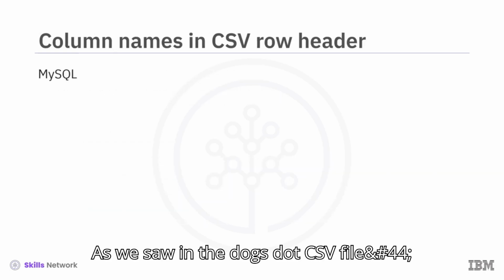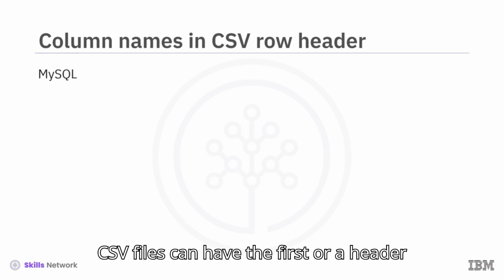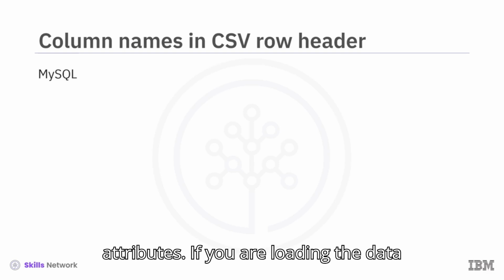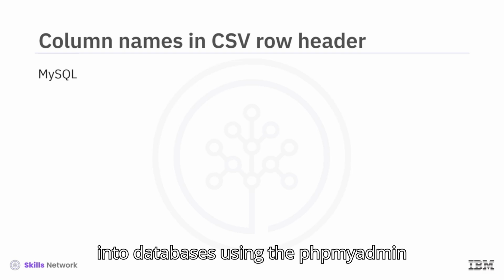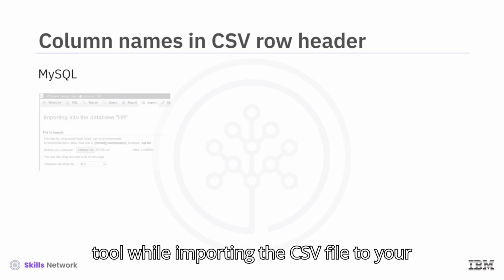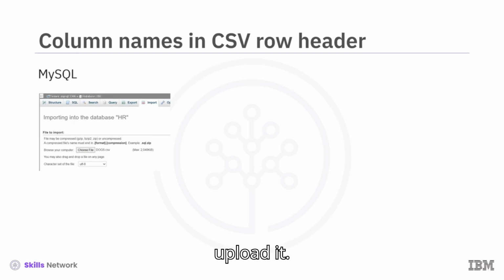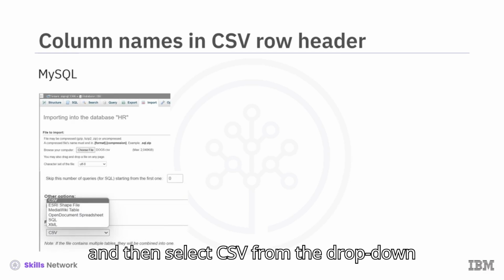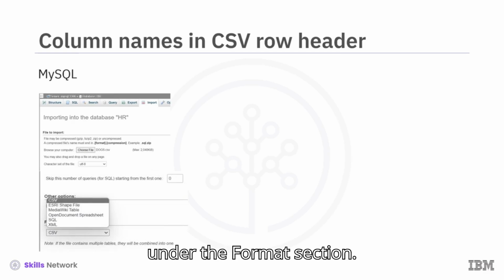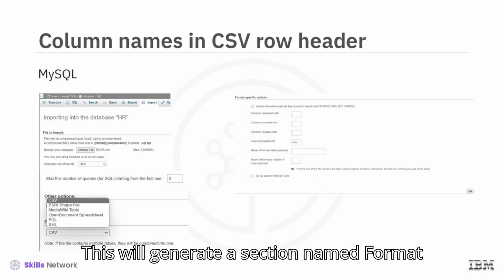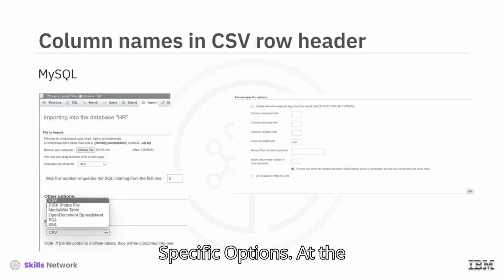As we saw in the dogs.csv file, CSV files can have a first or header row that contains the names of the attributes. If you are loading the data into databases using the phpMyAdmin tool, while importing the CSV file to your database, browse to the file to upload it. And then select CSV from the drop-down under the Format section. This will generate a section named Format Specific Options.